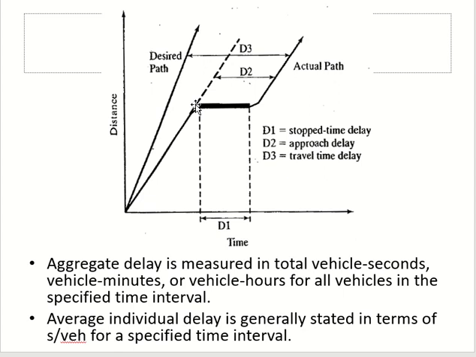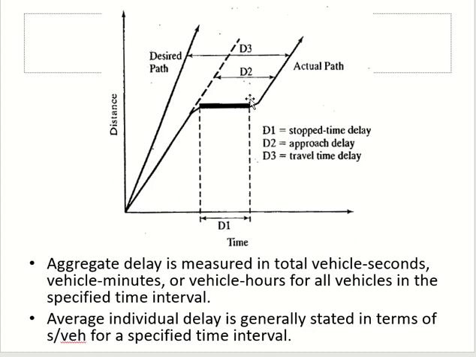Deceleration. Yes, deceleration. And then this is the stop time delay. You can see the line is going nowhere now. Here the slope changed, but it was still going a little bit up. Here, nothing. So this is what we call stop delay.